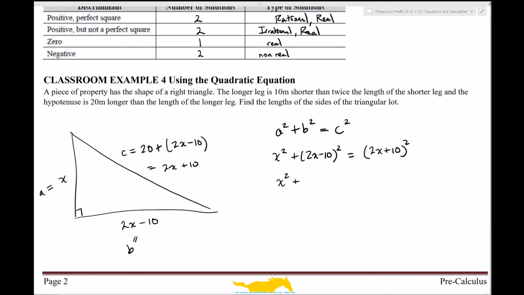That's a perfect square, so we apply the formula: 4x squared, a minus in between, multiply 2 and 10 to get 20, multiply that by 2 to get 40x, and square the negative 10 to get plus 100. Likewise, the one on the outside is 4x squared plus 40x plus 100. They're almost identical except for the sign in the middle: 2x minus 10, 2x plus 10.